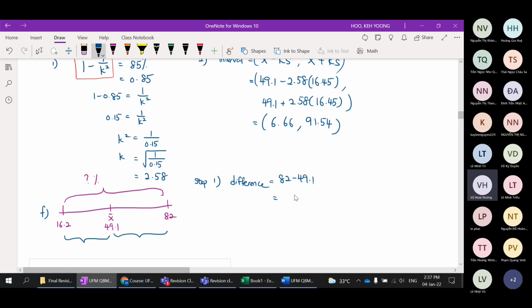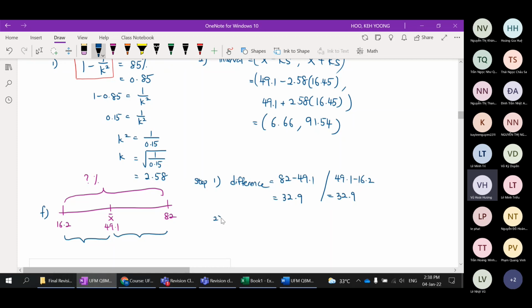So 82 minus 49.1, you got 32.9. Or you could take 49.1 minus 16.2, and you should get the same difference.